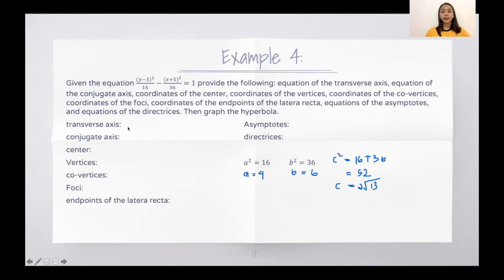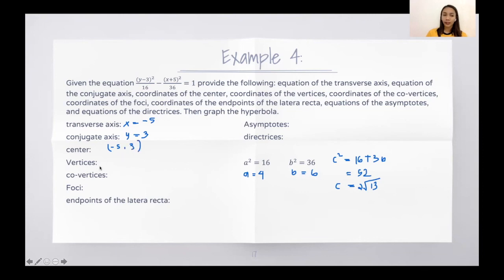Okay? Next, let us now find the coordinates and the equation of the hyperbola. For the transverse axis, x is equal to h. We know that h is negative 5 and k is positive 3. So x is equal to negative 5 and y is equal to 3. Center at h, k, so we have negative 5, 3.